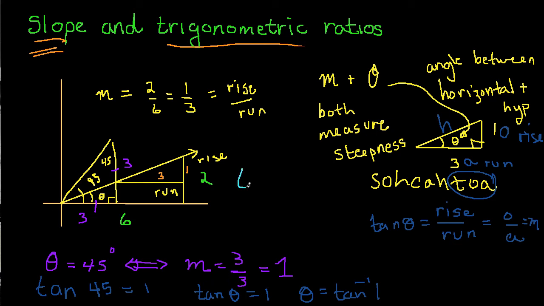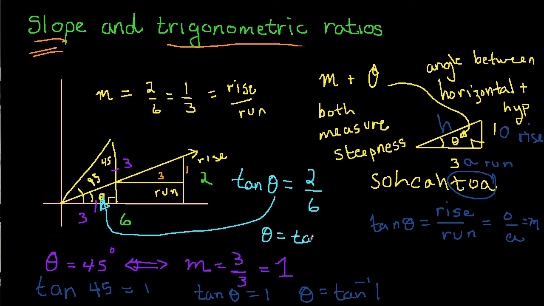So I just want to use a different color. It's not showing up very well. So the tangent of our angle here is equal to opposite, or rise, over run, which is 6. So that means that theta equals the inverse tan of 2/6.